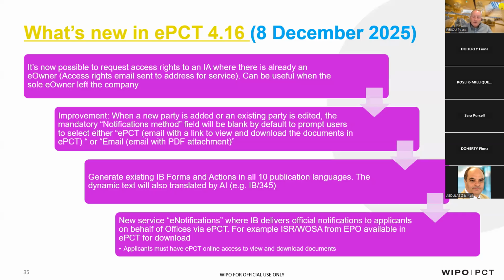So meaning that in box number 4 of the request form, when you enter the details of the agent, now you should select if you would like to receive the IB forms either directly in ePCT, and then you will be notified by an email saying that you can view and download the form directly in ePCT, or you can receive also another email with the forms attached as a PDF. So it's now up to you to decide.